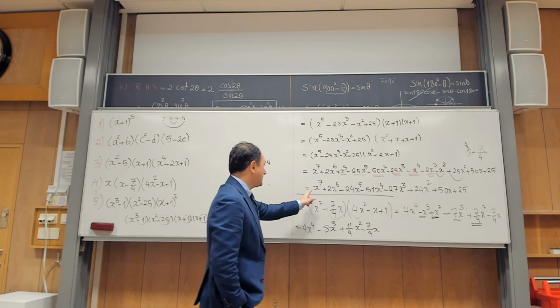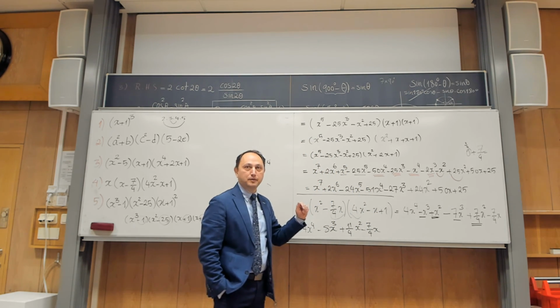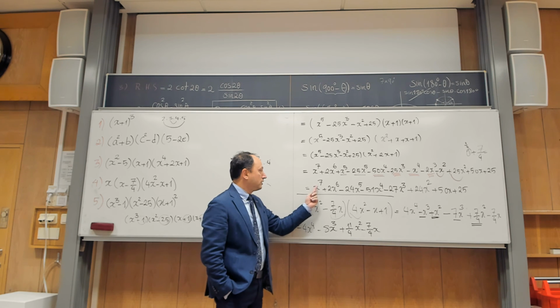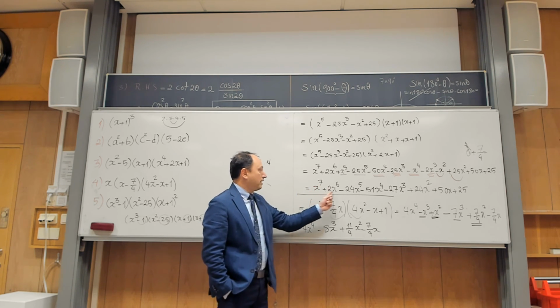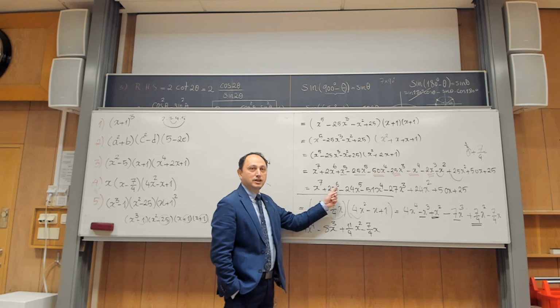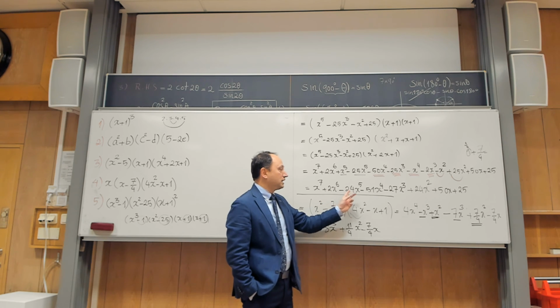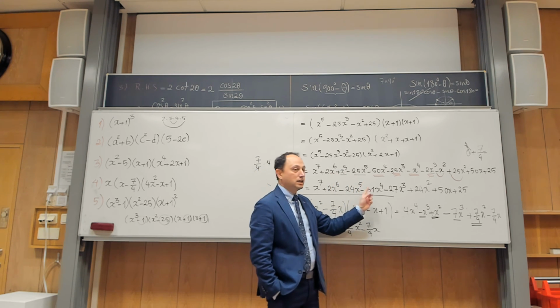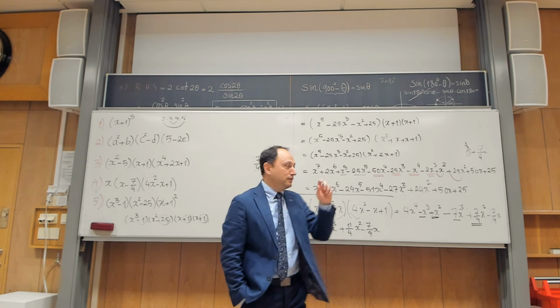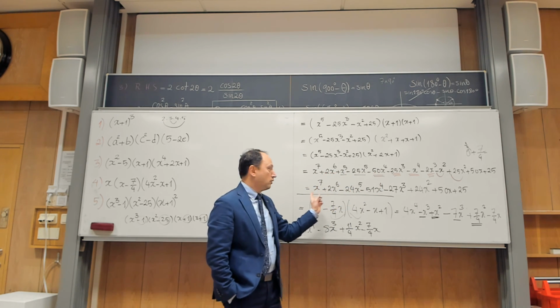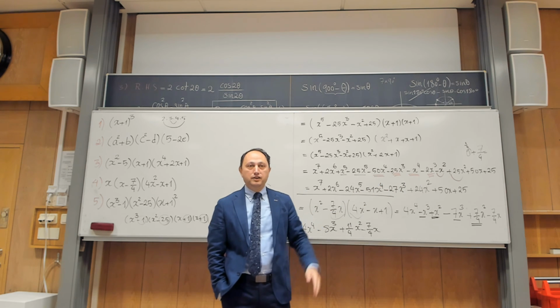If instead of x I put 1, what will happen? The first term, 1 to power 7 is just 1, the coefficient is 1. If I put x equal to 1, 1 to power 6 is 1, and times 2, it gives you 2. The next one gives you minus 24. The next one gives you minus 51. So you understand that. If I replace x with 1, what I get is the sum of the coefficients.